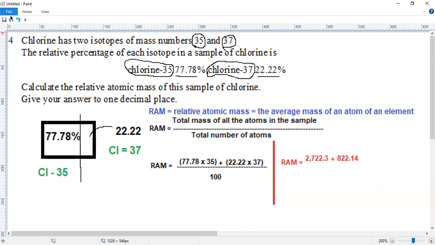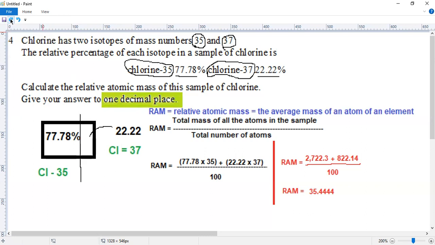Please use a calculator and get the value. That whole thing has to be divided by 100. When you use a calculator and get the answer, you get something like 35.4444. That 4 recurs. But the question is asking you to give your final answer in 1 decimal place.